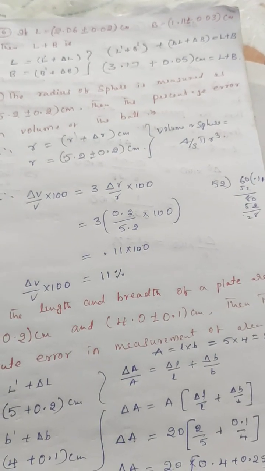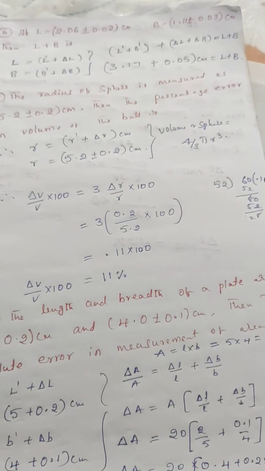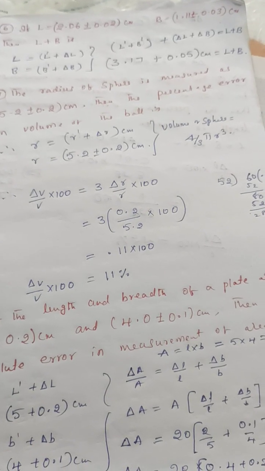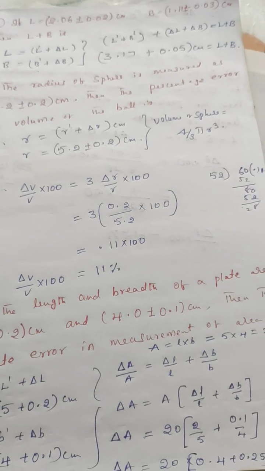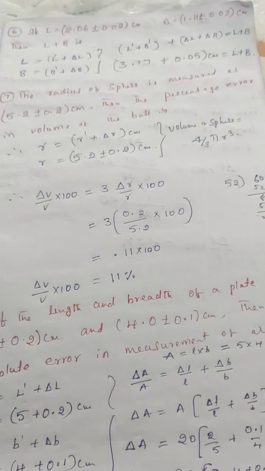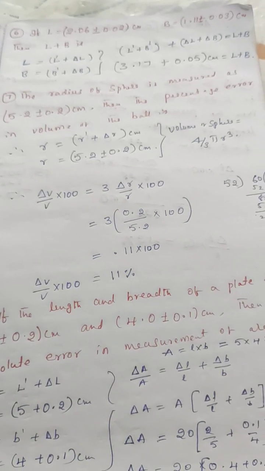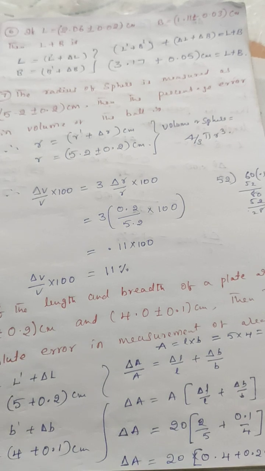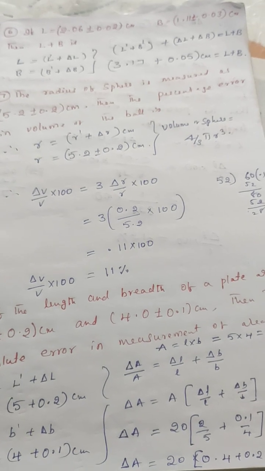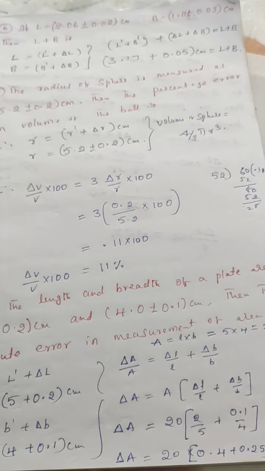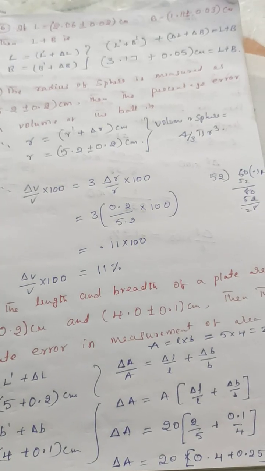The radius of a sphere is measured as 5.2 plus or minus 0.2 centimeters. Then what is the percentage error in the volume of the ball? First of all, the volume of the sphere is 4 by 3 pi r cube. Here the radius true value plus error, 5.2 plus or minus 0.2 centimeters, is given.